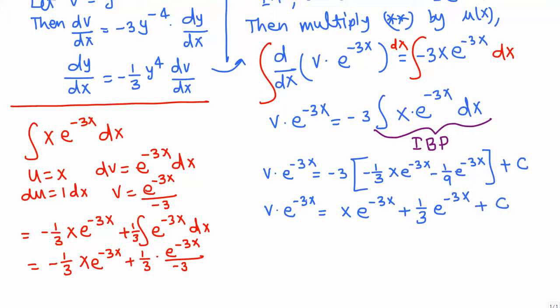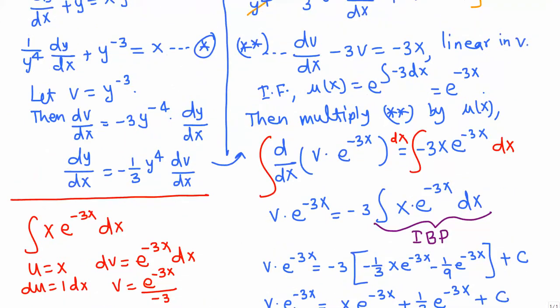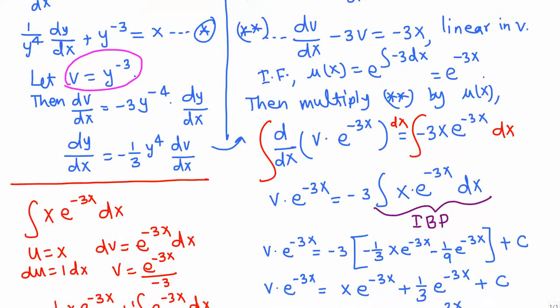Now divide by e raised to negative 3x, so v equals x plus 1/3 plus c e to the 3x. Now we replace v. What is v, by the way? Go back, v was y to the negative 3, 1 over y cubed. Let's substitute that and we have the answer.